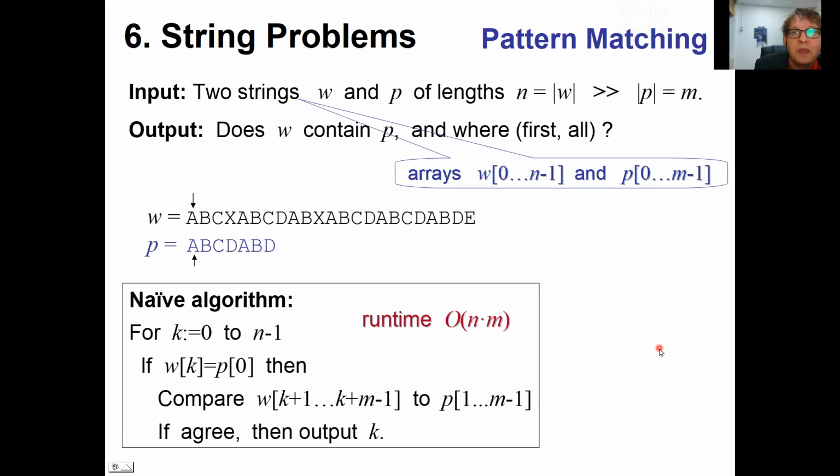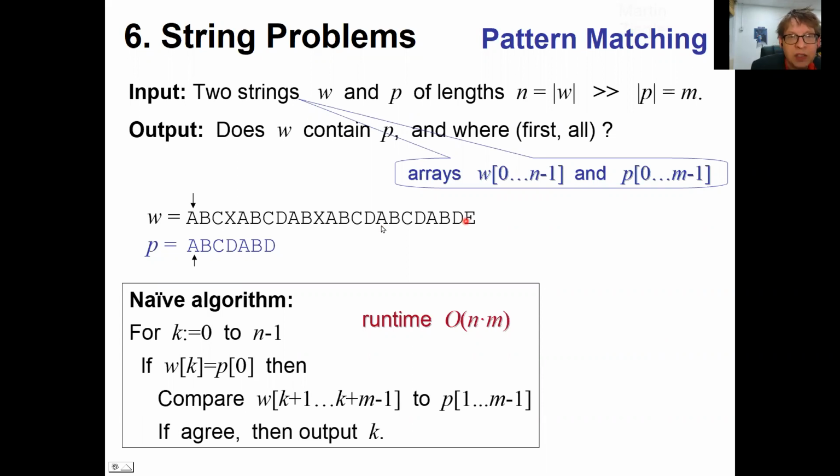It can be improved. And the improvement we're going to consider and understand on the next slide is the famous Knuth-Morris-Pratt algorithm. To motivate and see where there's a possible chance for improvement, let's look at what happens if the pattern matches only partially.